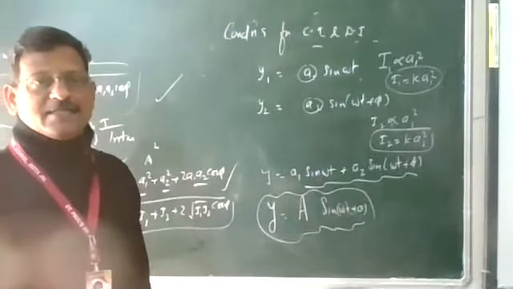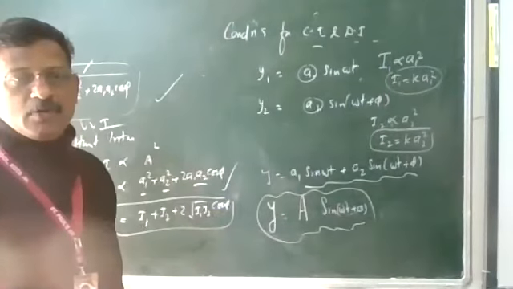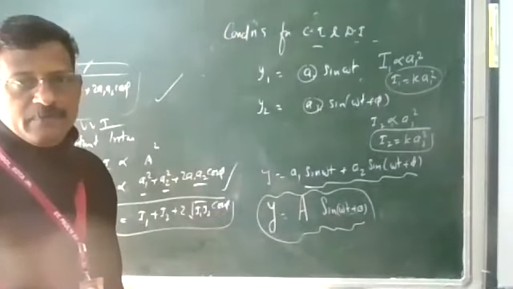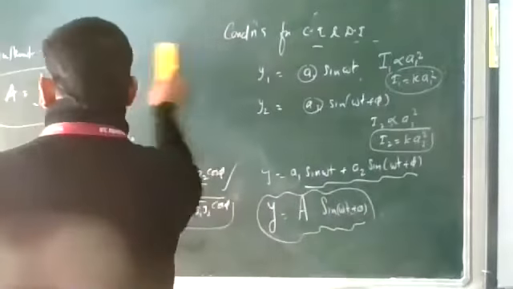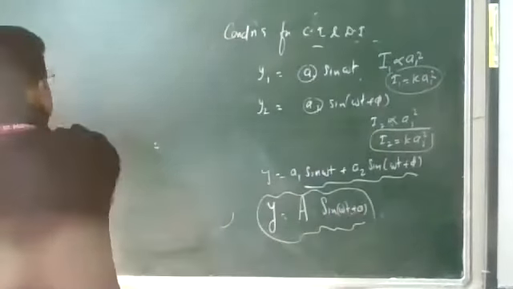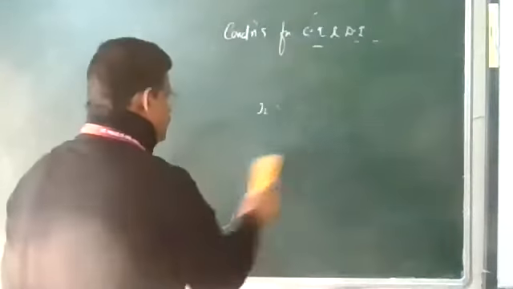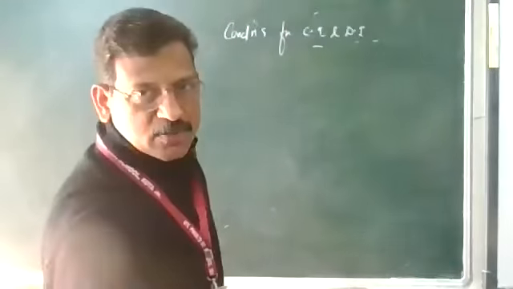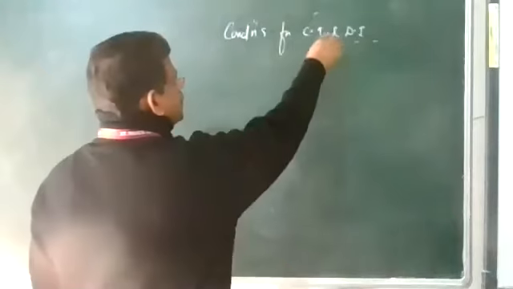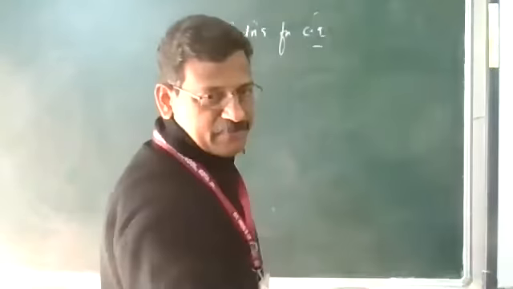When we get constructive interference, intensity is maximum; for destructive, intensity is minimum. That depends upon the value of cos phi. Remember this very important equation. The condition for constructive interference means intensity should be maximum.